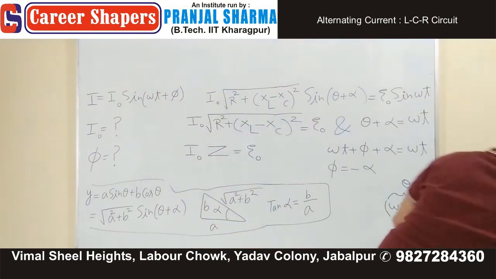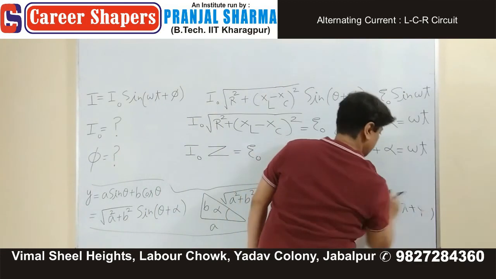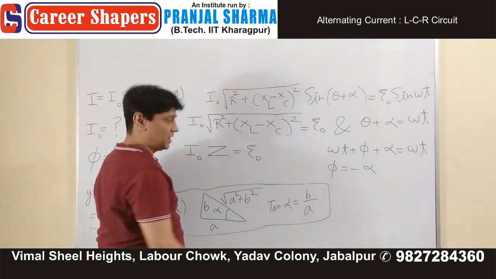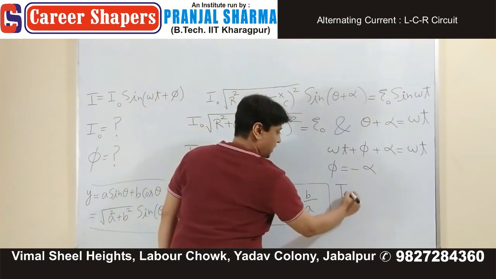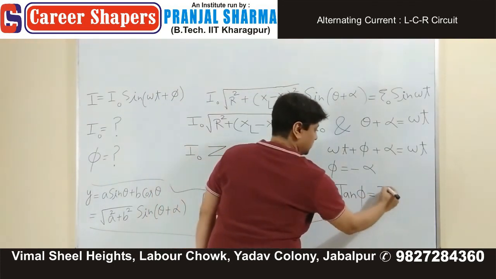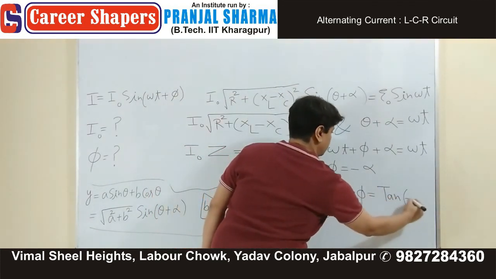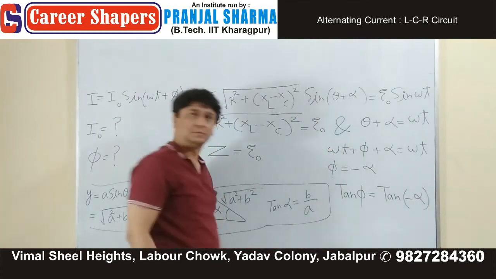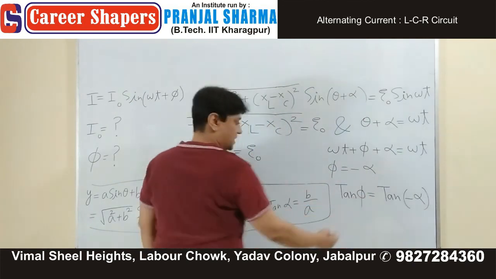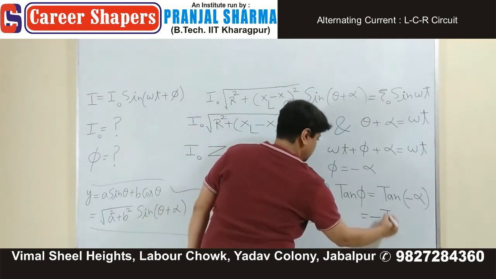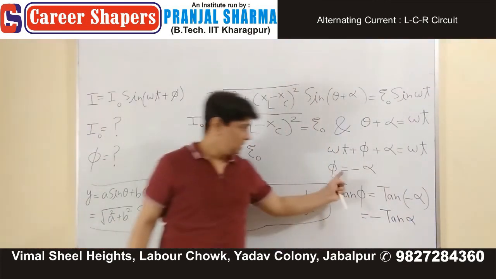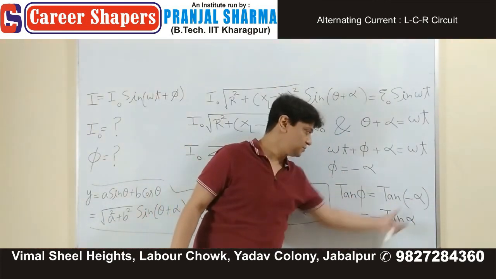Phi is coming minus of alpha. If phi is minus of alpha, then what is tan phi? Tan phi is tan of minus alpha. What is tan of minus alpha? Tan of minus alpha is minus of tan alpha. So tan phi is minus tan alpha.